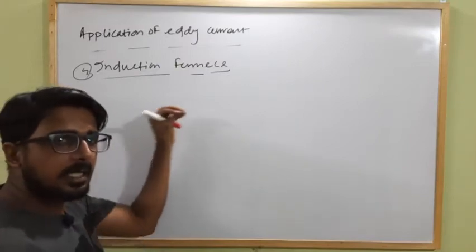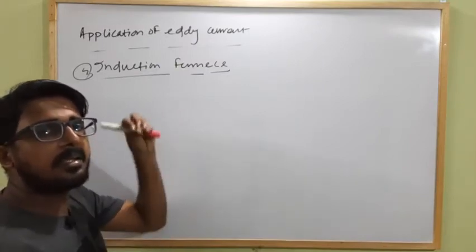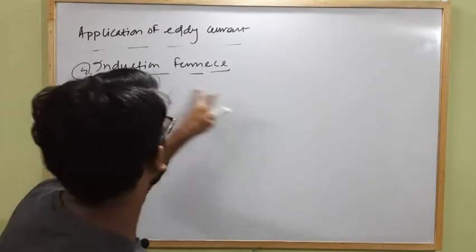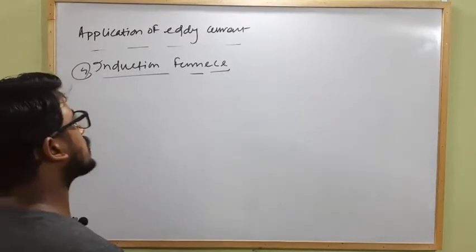That's why, to melt metals with a very high melting point, we use an induction furnace. In an induction furnace, what is happening?